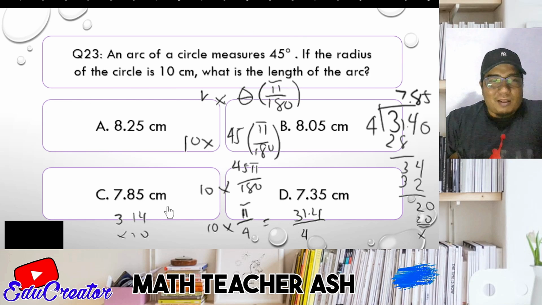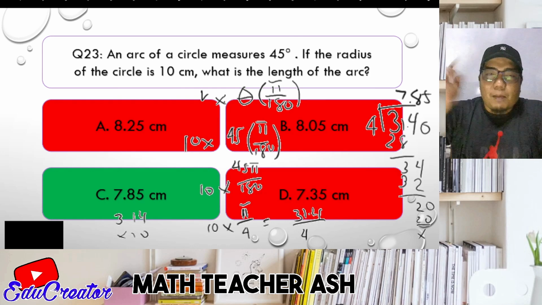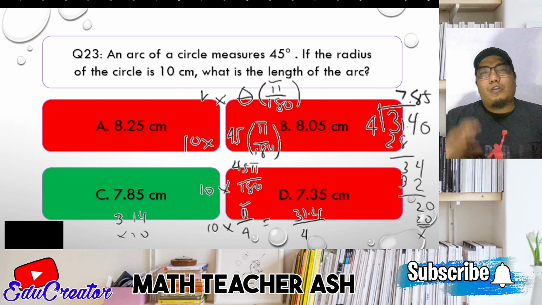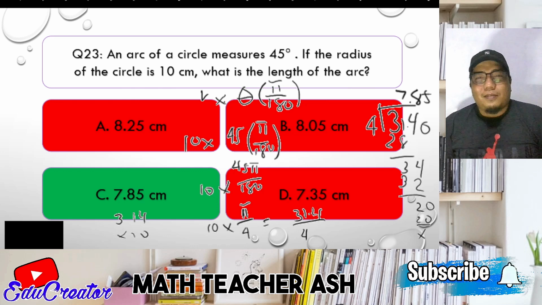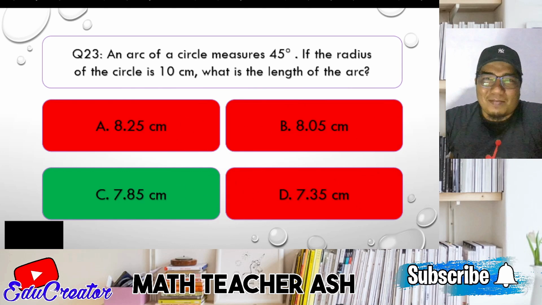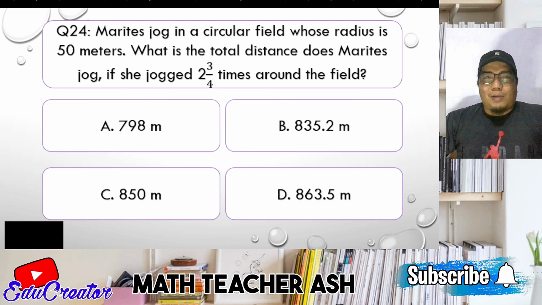The question is very easy when you know the formula. Again, the formula is the radius multiplied by the given angle multiplied by pi over 180. Easy lang talaga, right?